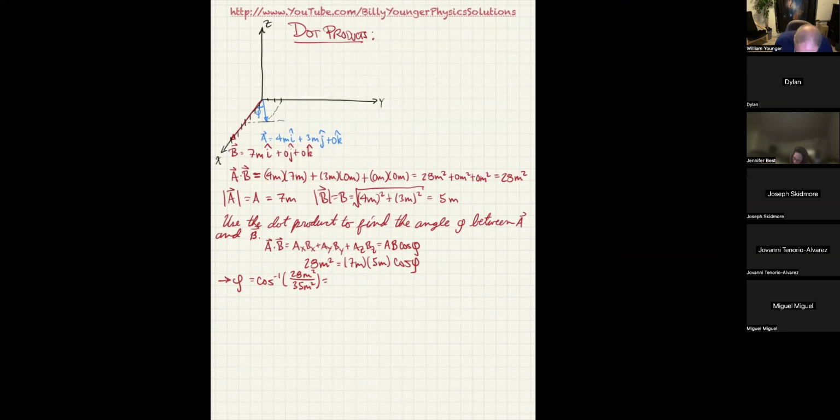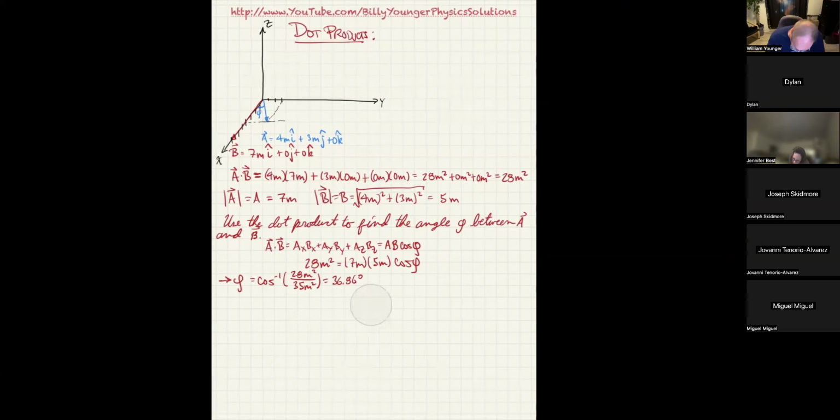You should be able to tell it's automatically 36.86 degrees. But if I did it, I'd say shift cosine inverse parentheses 28 divided by 35, close parentheses, and that gives me 36.8. Technically, it's 87, really, so I should probably fix that, and I will.